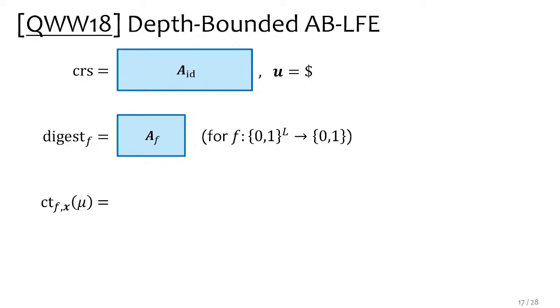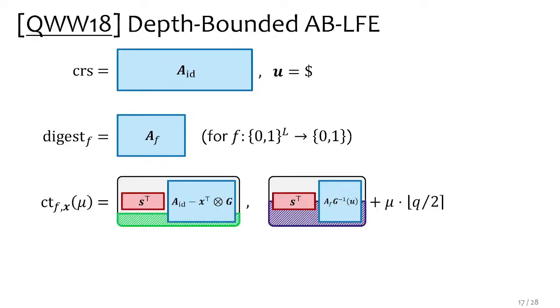And then the ciphertext has two parts. The first part is an encoding authenticating the input is this particular x value. And the second part is this very weird LWE sample under A_f times G inverse of u. Then you use this value to one-time pad the message. And we'll see how it works.